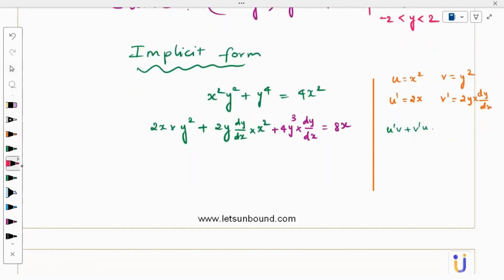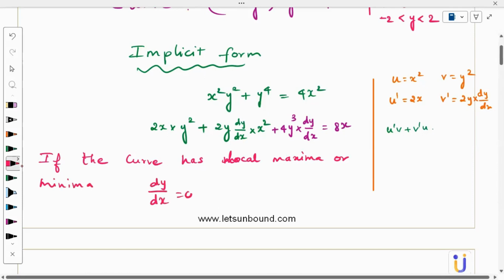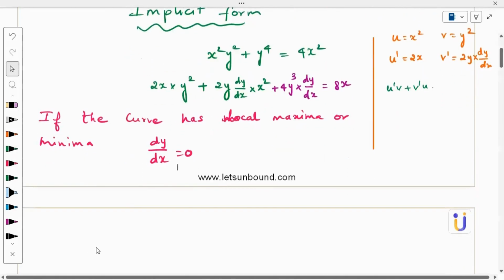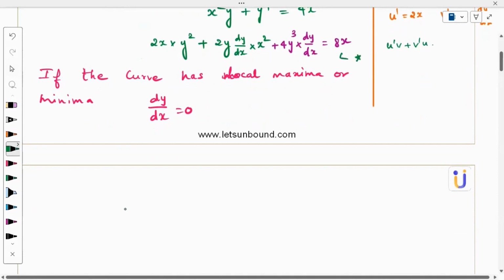And here, if the curve has a local maxima or minima, dy by dx will be 0. Let's assume that it might have a 0, so substitute dy by dx equal to 0 in this equation.